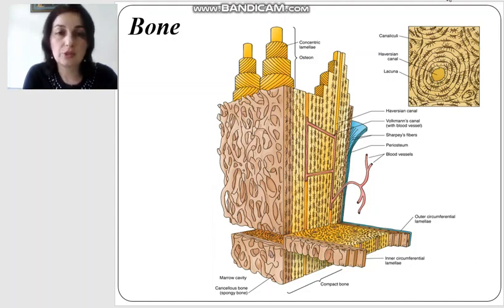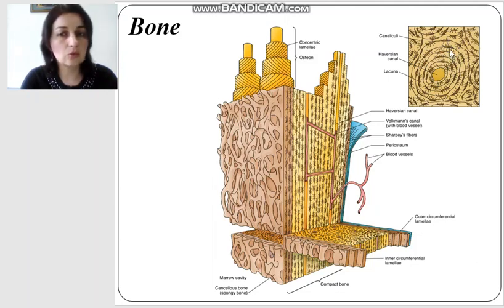Then they will differentiate into osteoblasts, and then into osteocyte cells. Here you can see the osteocytes, which have processes, and osteocytes occupy lacunae as in cartilage cells. They are located inside the lacunae. Between the lacunae we will have canaliculi.